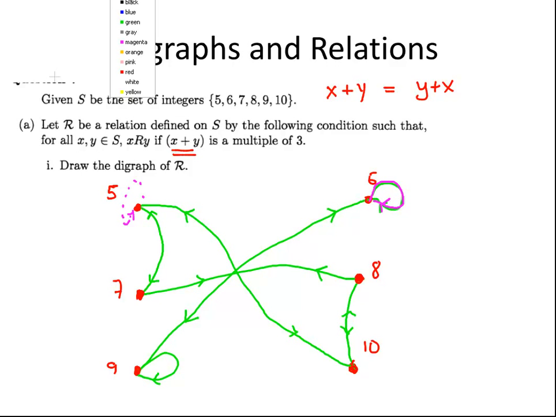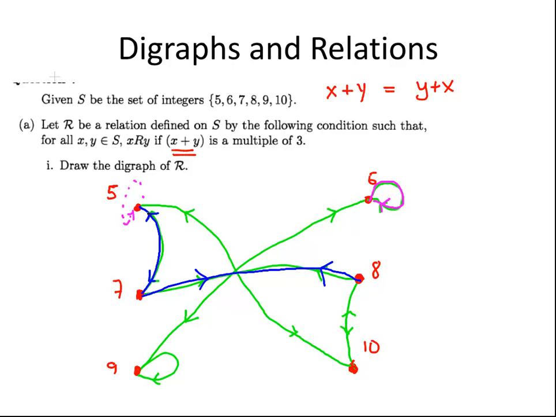Now finally we're going to look at whether or not it is transitive. We have a relationship here between 5 and 7, or 7 and 5, and we also have a relationship between 7 and 8.